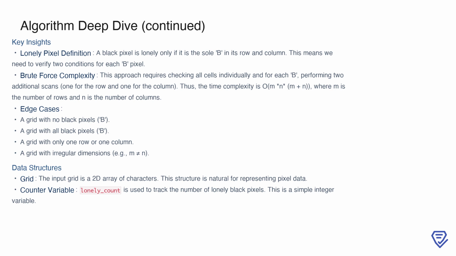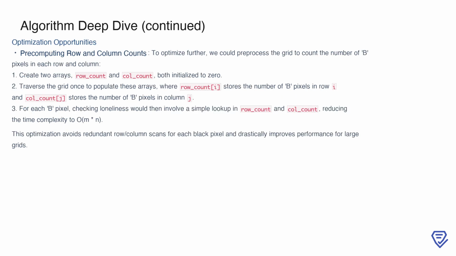Lastly, the grid itself is represented as a 2D array of characters, and we use a simple integer variable, lonely_count, to track the result. We can significantly optimize the brute force approach by leveraging pre-computed counts of black pixels in each row and column. Instead of scanning rows and columns repeatedly, we can pre-process the grid in a single pass.